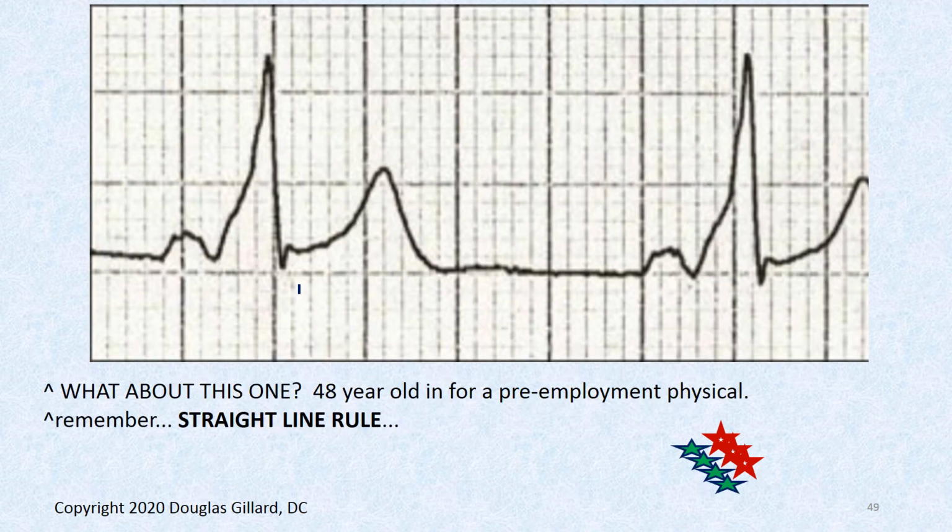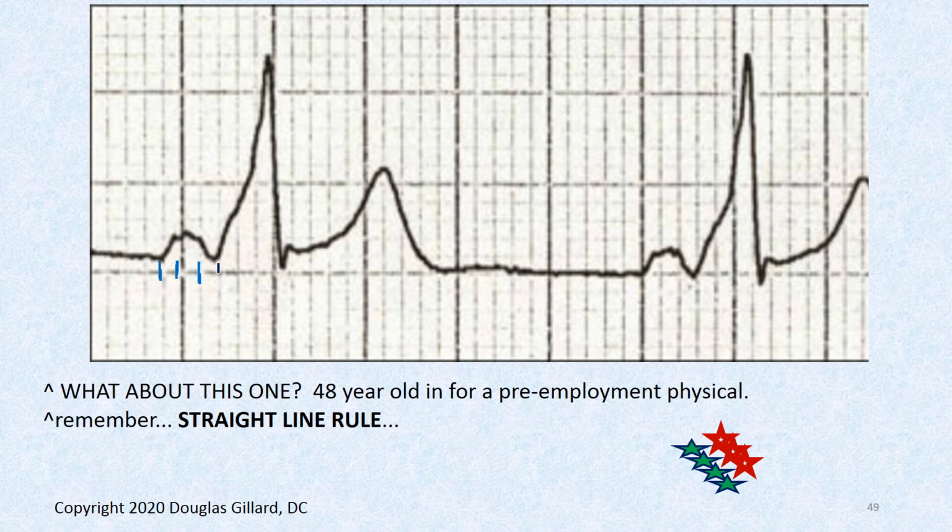How about this person, a 48-year-old in for pre-employment screening? Well, there's the P wave. And we can measure it. It starts about here. There's 1, 2, 3.